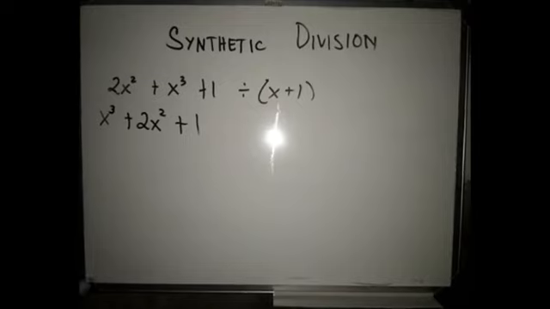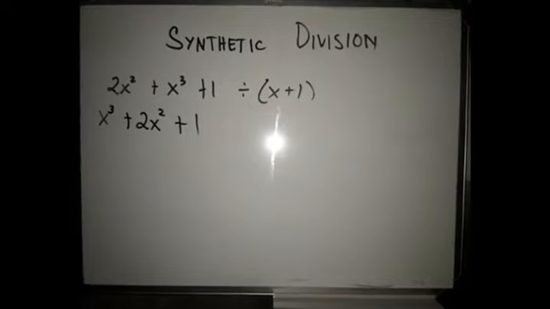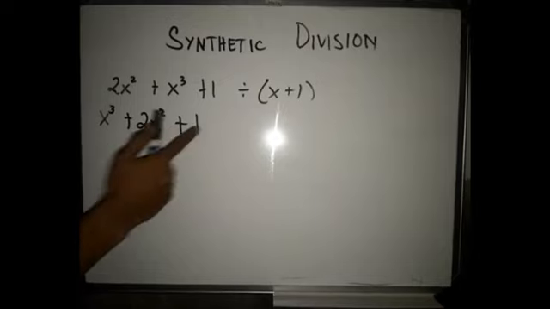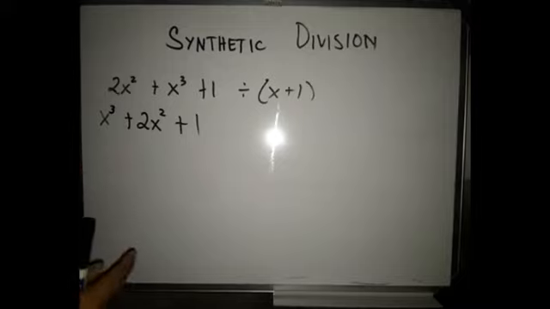Ngunit, napapansin din natin that there is a term missing. Merong nawawalang term, ano yung exponent? 1. Kasi 3, 2, 0. So ngayon, ang gagawin natin ay gawing 0.